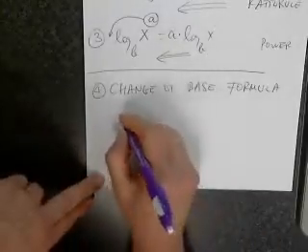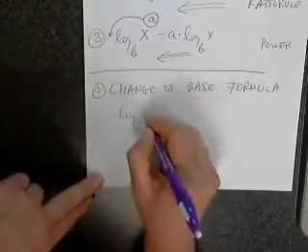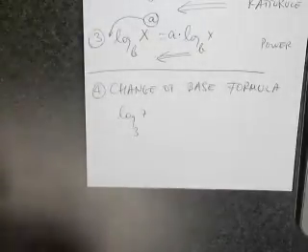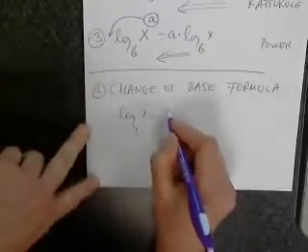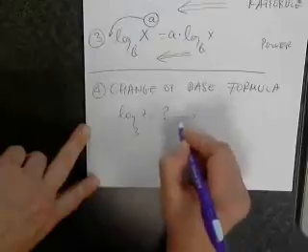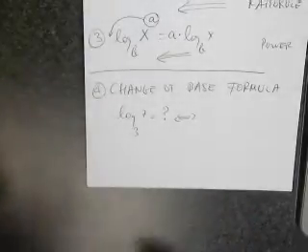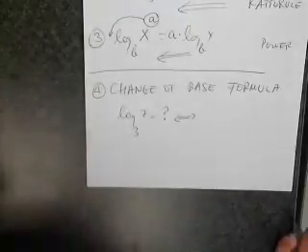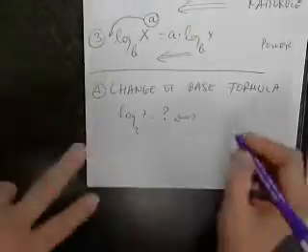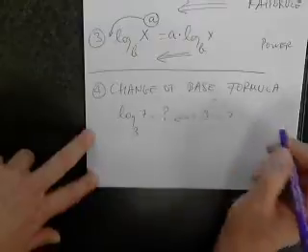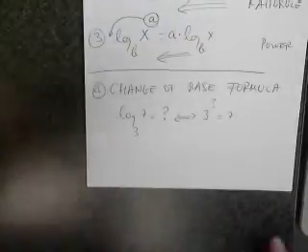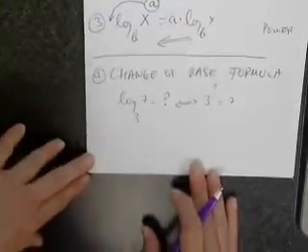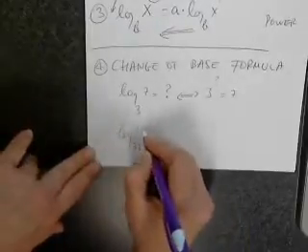For example, if I want to determine log base 3 of 7, this really is asking us to find the power I raise 3 to, to get 7. I will never be able to tell you what that is by hand. But we can determine it with a graphing calculator.